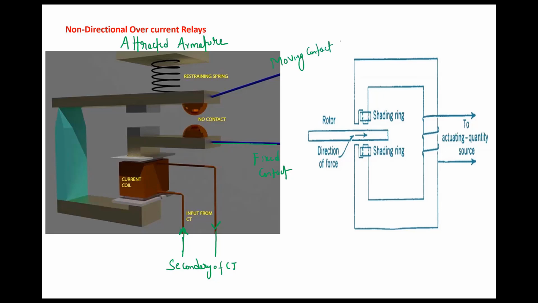So what happens? The current flowing through this current coil creates a magnetic field which tries to attract that moving contact. But this spring, the restraining spring, is trying to pull the moving contact away. The magnetic force of attraction is trying to pull the contact towards the fixed contact.